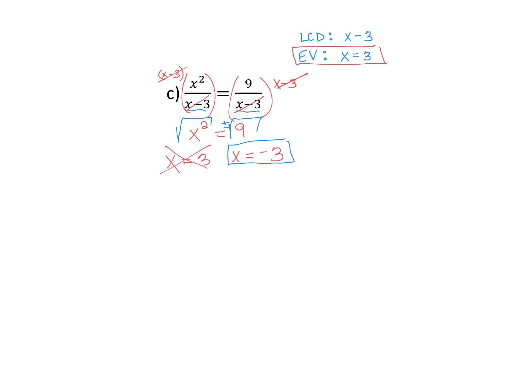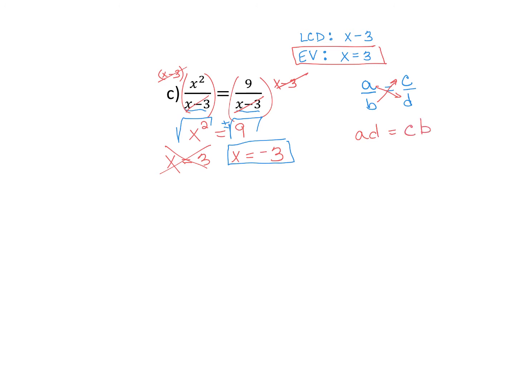Now I just want to call your attention to the fact that this is called a proportion. When we have two fractions equal to one another, like a over b equals c over d, we can cross multiply. And what that does is give us AD equals CB.